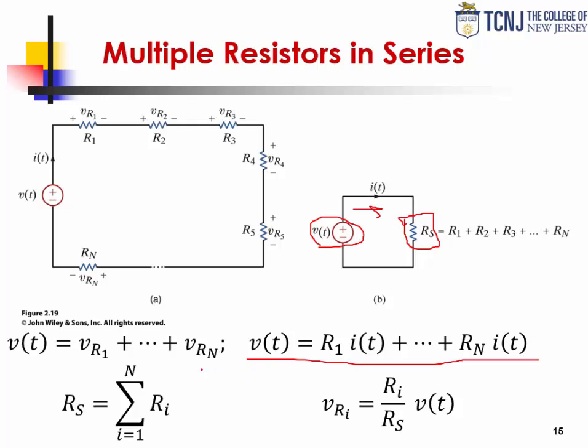So again, this is the final result. The total resistance of the series combination is the sum of all the resistors.